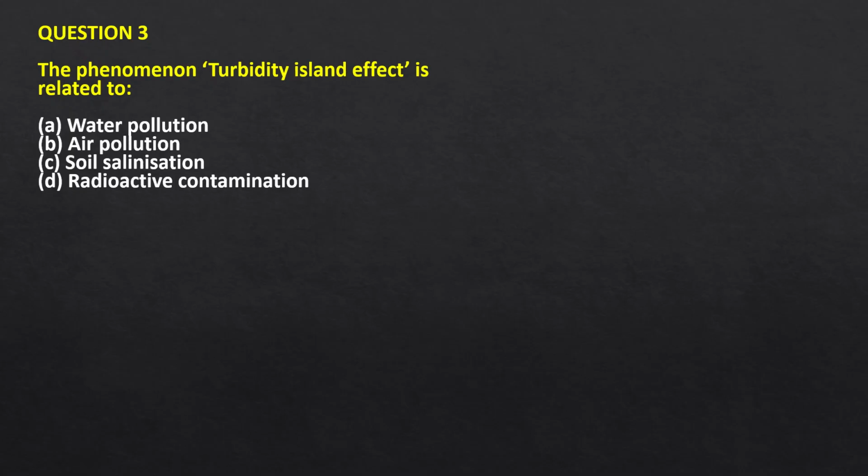We study turbidity current in geography, oceanography, in which the heavy sediment-loaded river water, when it enters the ocean, flows down under the influence of gravity continuously. So this heavy sediment-loaded current is known as turbidity current. Water flow in the ocean is known as turbidity current.